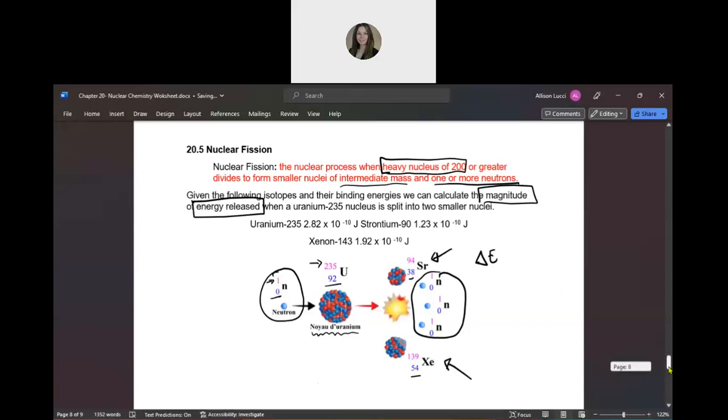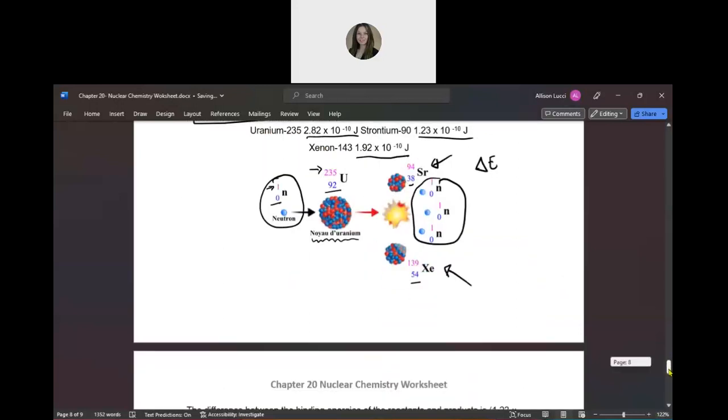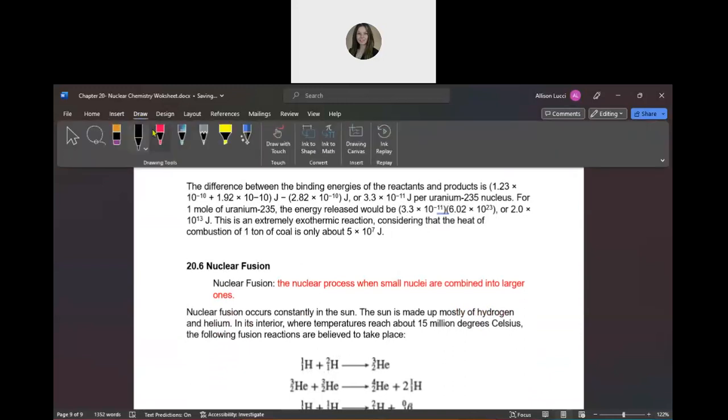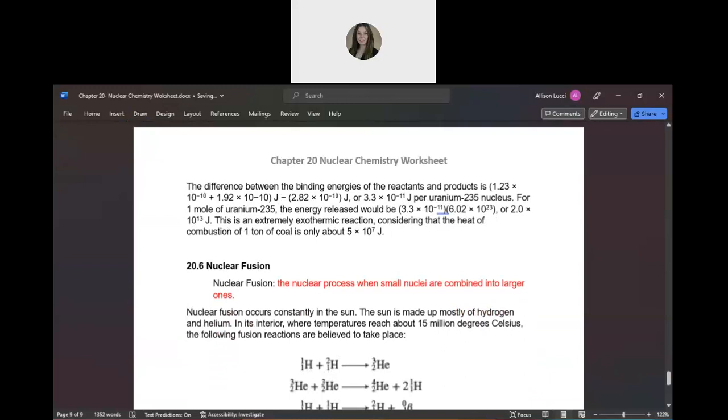We are given 3 different nuclear binding energies. Let's take a look at the calculation for this. You won't be responsible on your exam to do this type of calculation, but since this is part of our curriculum for this semester, I figured we would do at least one example.